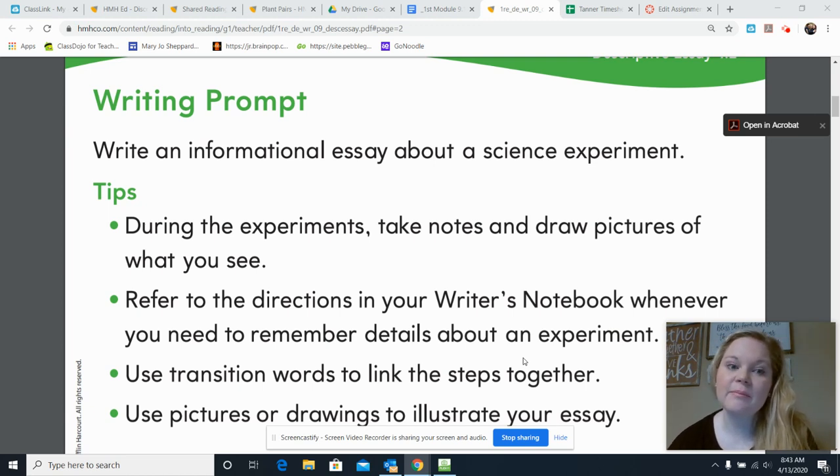Remember from the last video that we talked about writing information, that you're the teacher, and you're going to give steps on how to do this science experiment. So you should already have your notes and drawn pictures to show what we did. Now we're going to see what actually happened, because I know you guys are super excited about that.